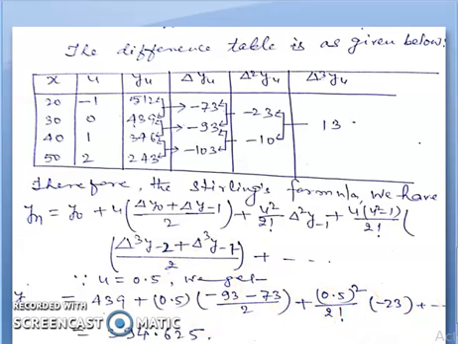After simplification of this value, we get the final result: 394.625. This is the central difference formula, the Stirling central difference formula.